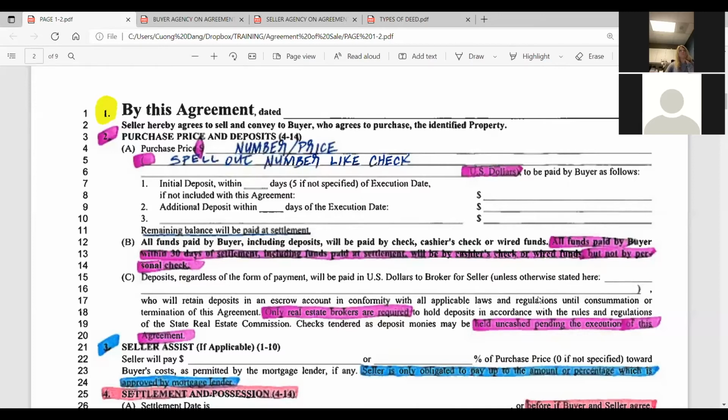Number 2 talks about additional deposits within blank days of the execution date. Now you can use that to add more deposit money. For example, let's say 21 days after the execution of the contract, because on day 20, your home inspection contingency has expired.